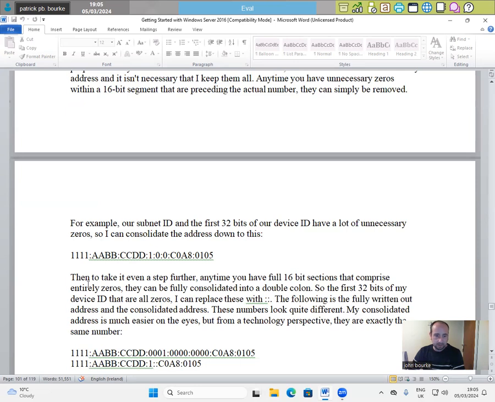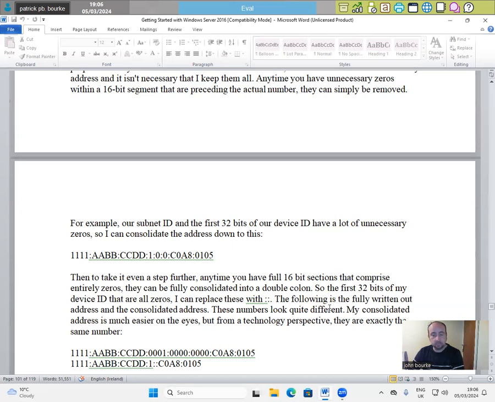1111:AABB:CCDD:1:0:0:C0A8:105. Then, to take it even a step further, anytime you have full 16-bit sections that comprise entirely zeros, they can be fully consolidated into a double colon. So the first 32 bits of my device ID that are all zeros, I can replace with the double colon.